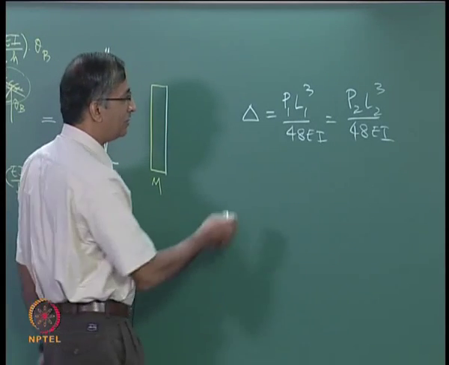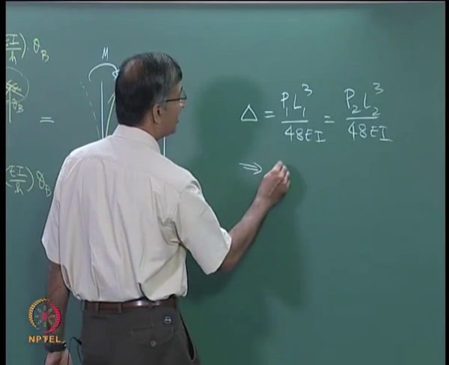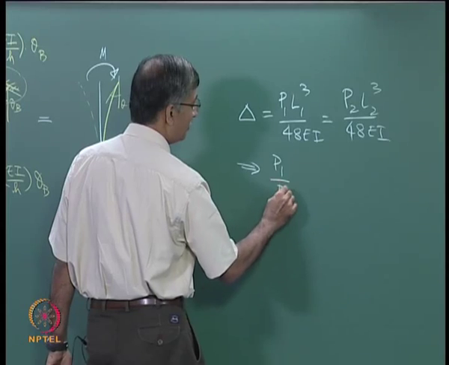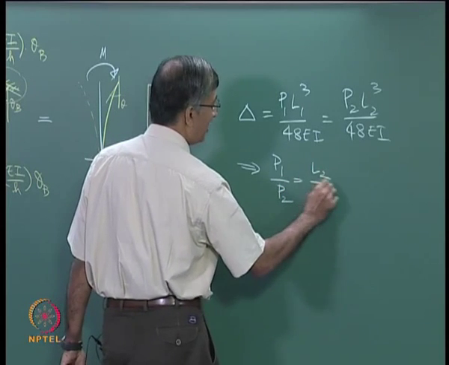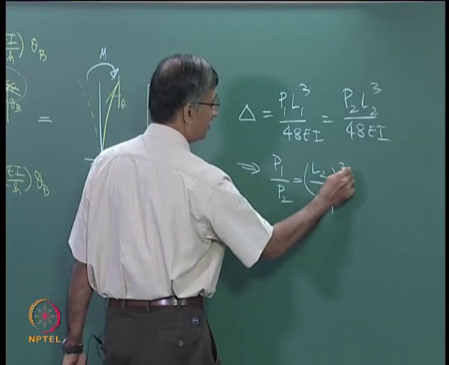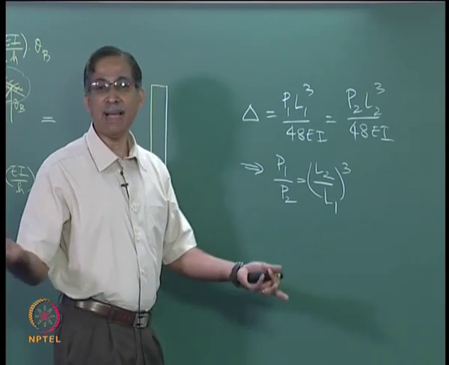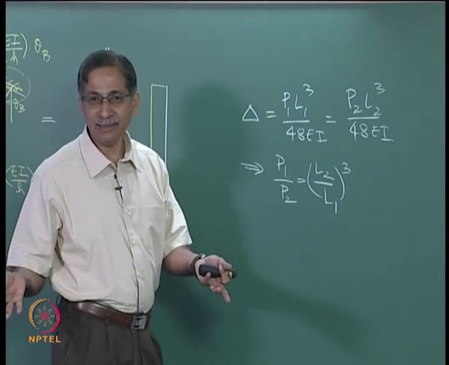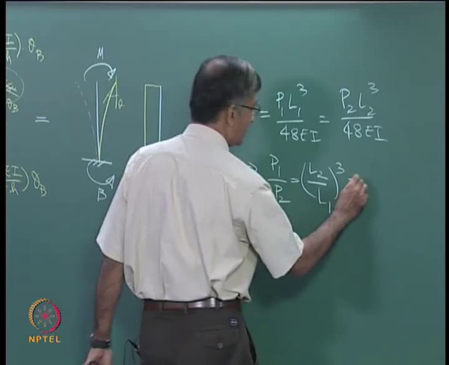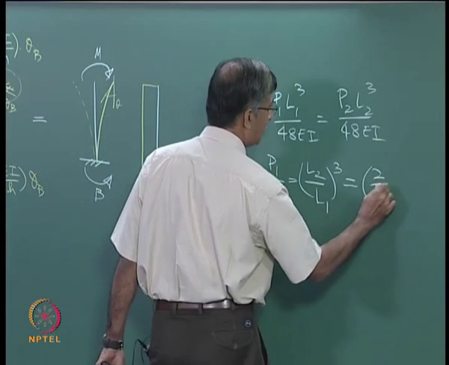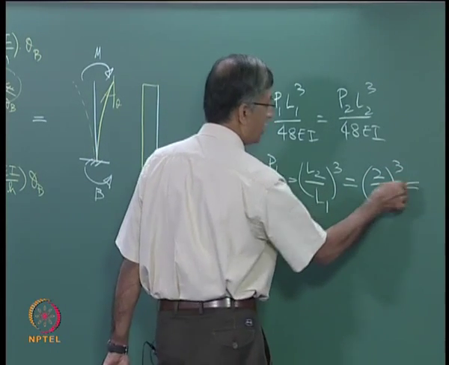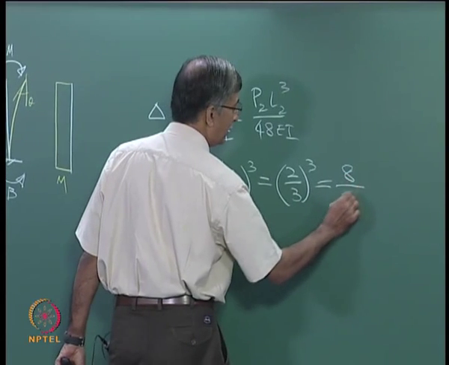Beautiful answer. So what is so great about this? Then P1 by P2 will be L2 by L1 the whole cubed. So one span is L, the other span is 2L by 3. Let's say 2 by 3 the whole cube, it works out to 8 by 27.